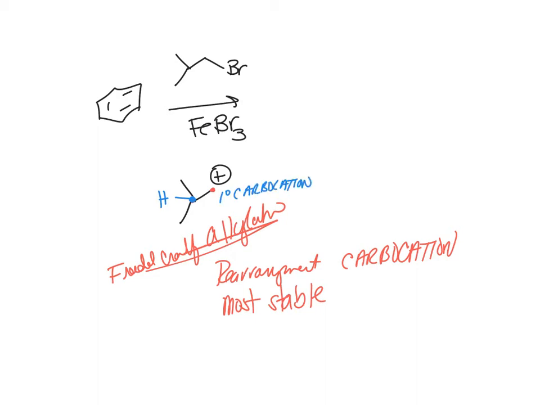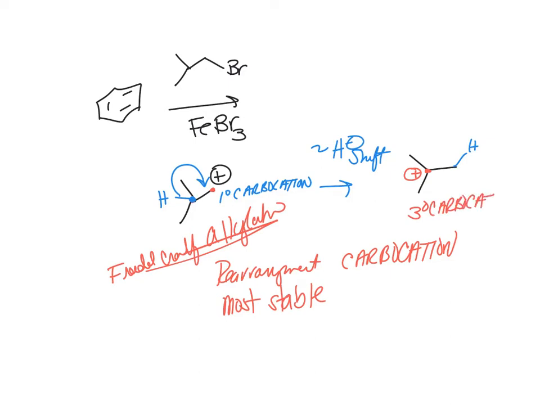Okay, so its neighbor, if you did a hydride shift, and you have to show your hydride shift for points when I give you an open response. So if you have your hydride shift here, now the hydrogen has gone to this carbon, and now you have the carbocation on this carbon. What is that? That is a tertiary carbocation. You know that a tertiary carbocation is more stable than a primary.